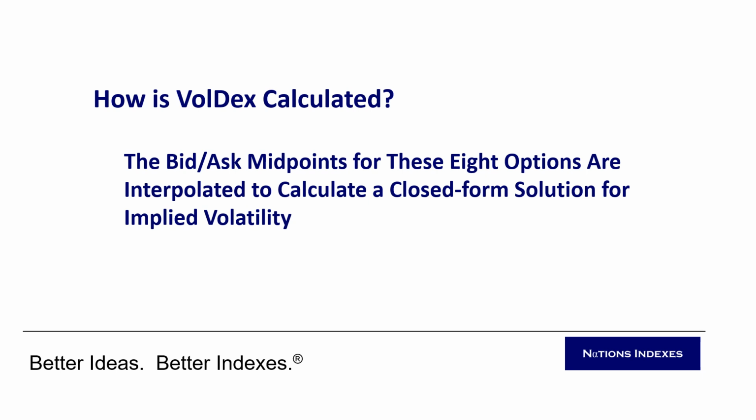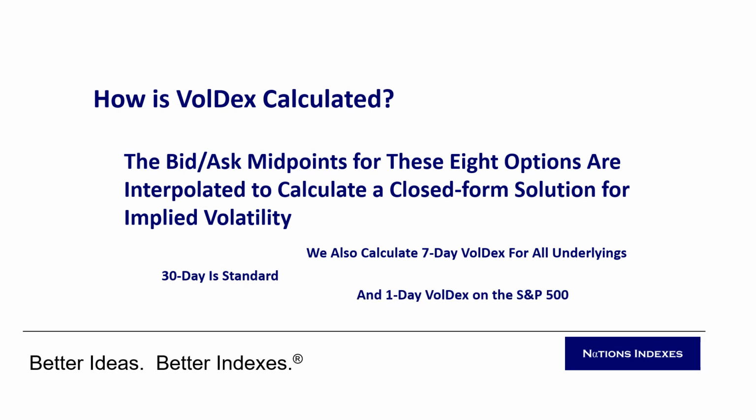VolDex uses the option midpoints for the first in-the-money and first out-of-the-money put and call options with expirations that bracket the moment 30 days from now. These option prices are interpolated to provide an understandable, intuitive measure of implied volatility. At Nations Indexes, we also calculate 7-day VolDex for all underlyings and 1-day VolDex for the S&P 500.